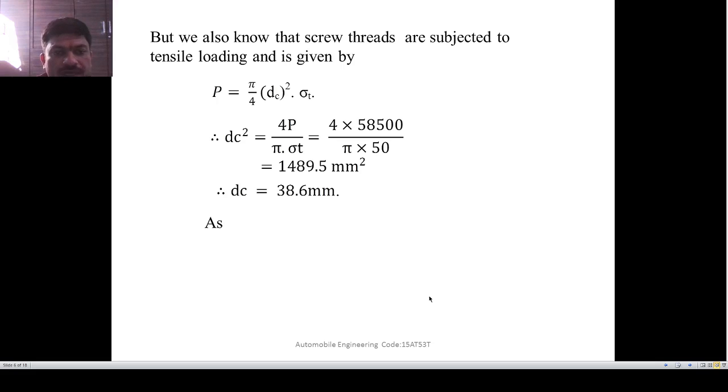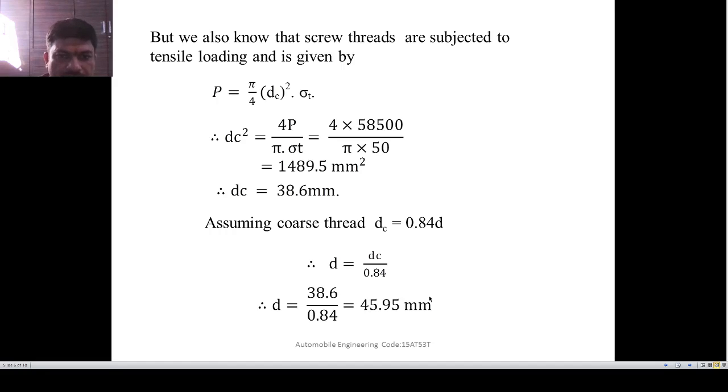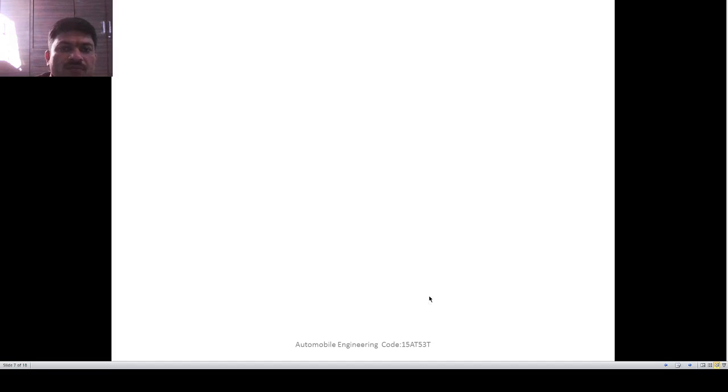Assuming coarse thread, dc is equal to 0.84 d. Therefore d is equal to dc divided by 0.84, that is 38.6 divided by 0.84, which gives 45.95 mm. This is the nominal diameter of the bolt.